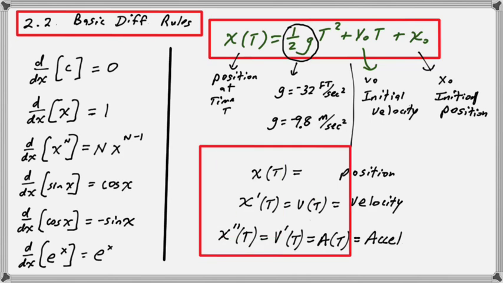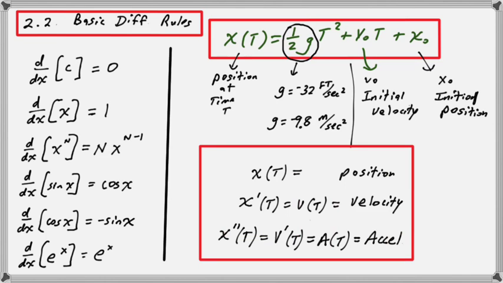So these are very useful to know. The derivative of position is velocity. The derivative of velocity is acceleration. These are derivatives going this way. Once we learn antiderivatives, we'll be going this direction, but that's not for a while yet.